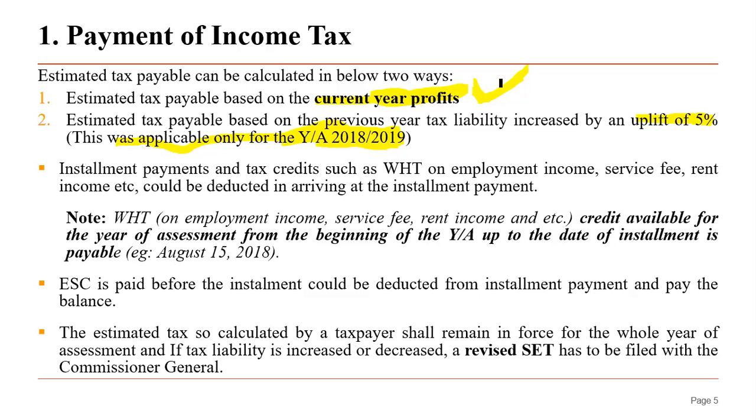Therefore, what they do is go to the prior year, adjust according to the current year, and pay quarterly. Even then they can't significantly reduce that amount. Let's say last year's liability is 100 million. You can't significantly reduce it if you don't have any justification.